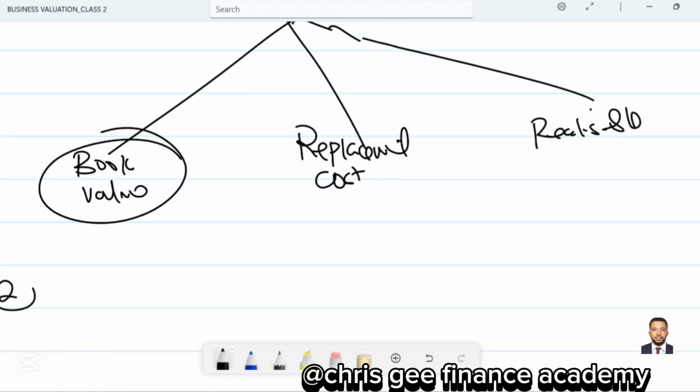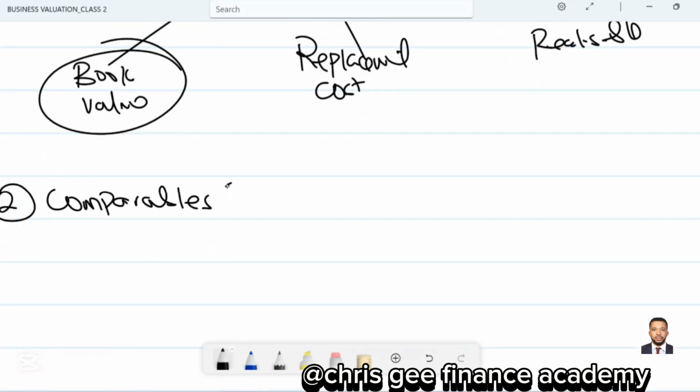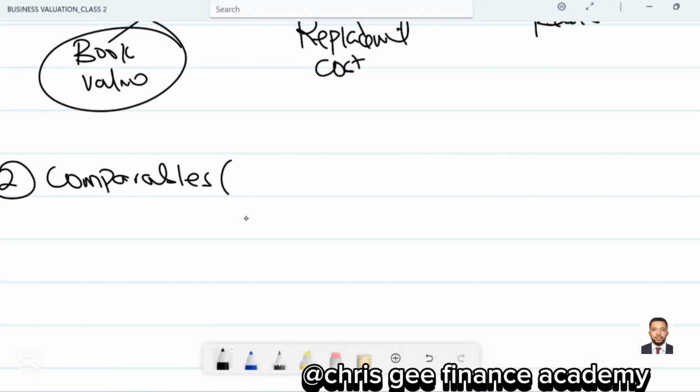Second method, we look at the comparables. All right. So if you're looking at market comparables, which is only for companies that are quoted in the market or that are listed, what are the methods under this? We talked about PE ratio.